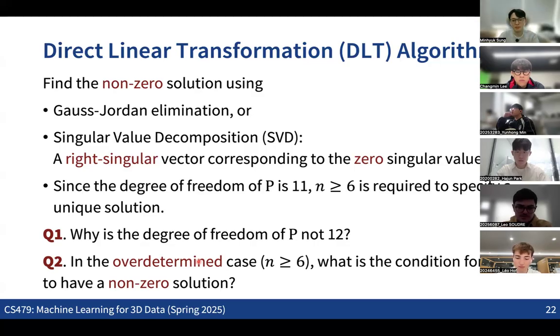Yeah, there should be some rank deficiency, right? So the rank should not be 12 or greater than 12.